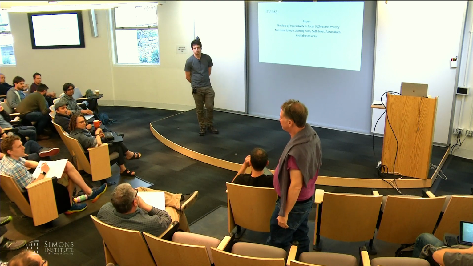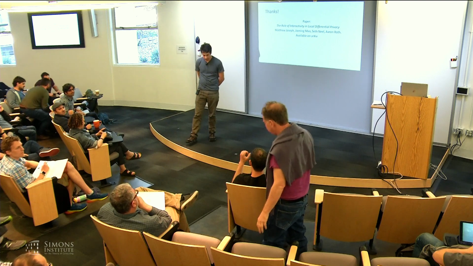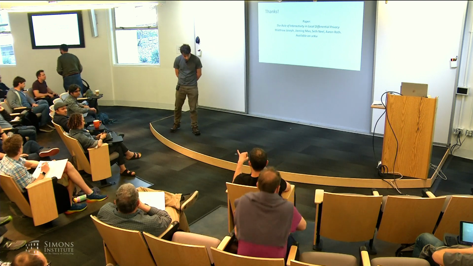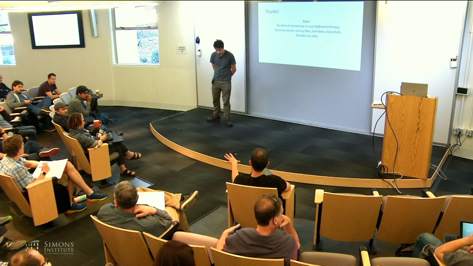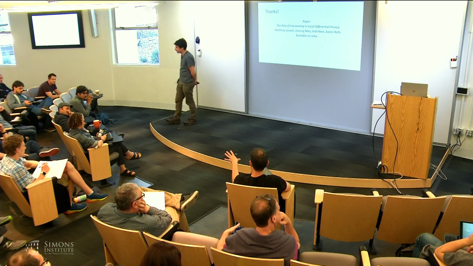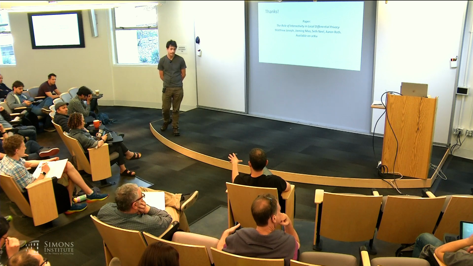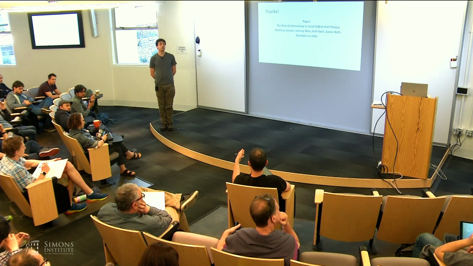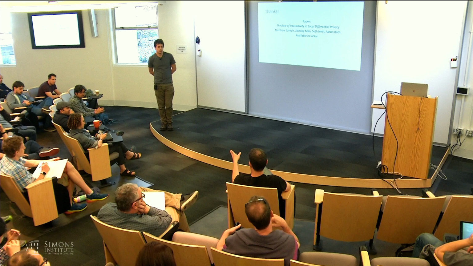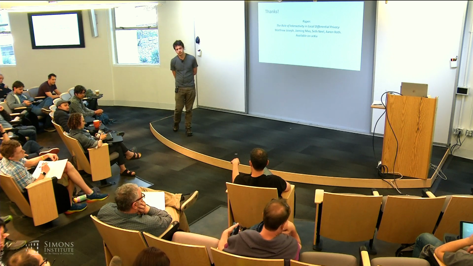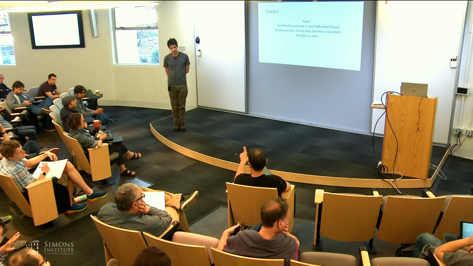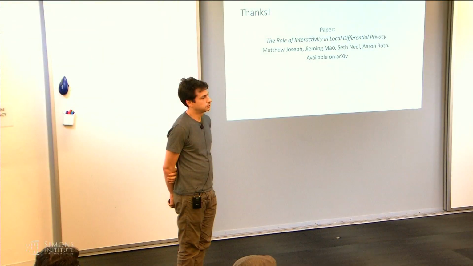Question? So in particular, what that says is the kind of body of work that's been built up on lower bounds for non-interactive and sequentially interactive mechanisms, so for those simple testing problems where there are tight upper and lower bounds, then those bounds are also tight for the fully interactive ones.